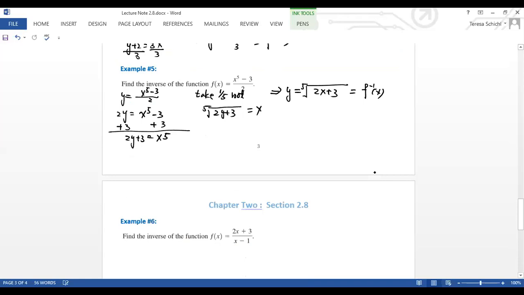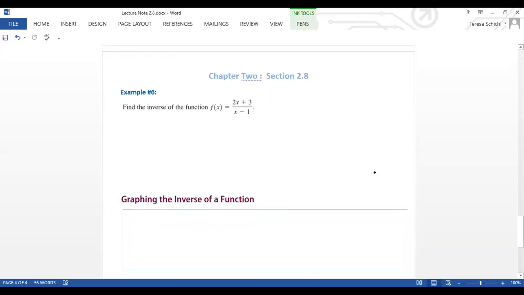Good? Okay, let's try to do one more. So the one more is here. We say y is equal to (2x plus 3) over (x minus 1). I want to solve for x. So times x minus 1 on both sides. So this is (x minus 1) times y equal to (2x plus 3) times (x minus 1) over (x minus 1). Okay, so these two cancel.